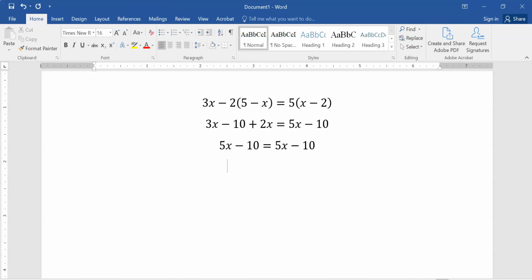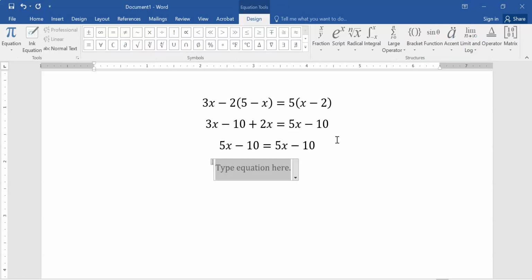Now, if we're going to get rid of the 5x here on the right-hand side, then we'd have to get rid of a 5x on the left-hand side. If we had to get rid of a 5x on the left-hand side, we'd have to get rid of the 5x on the right-hand side.